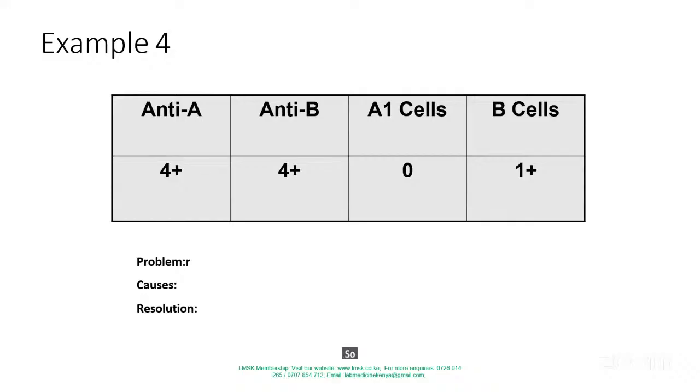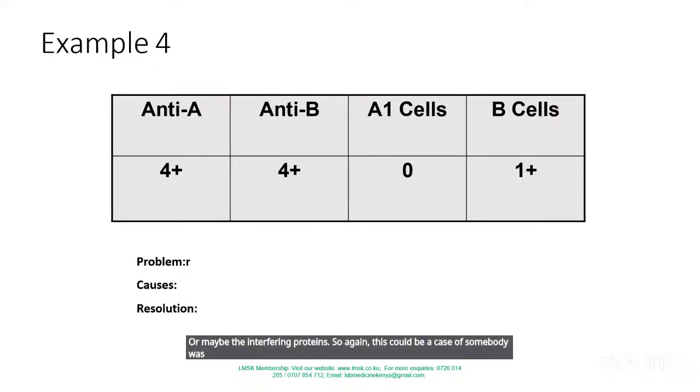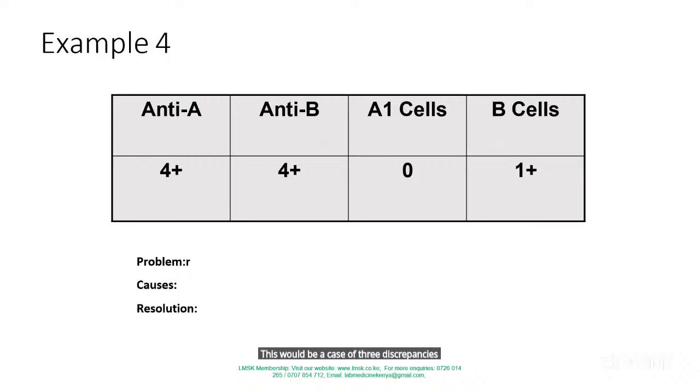So this could be just due to piling of red cells, or what we call the Rouleaux formation, that is giving us this kind of pseudoagglutination, or maybe the interfering proteins. This could be a case of a group 3 discrepancy due to pseudoagglutination, a Rouleaux formation, or just interfering proteins that are there.